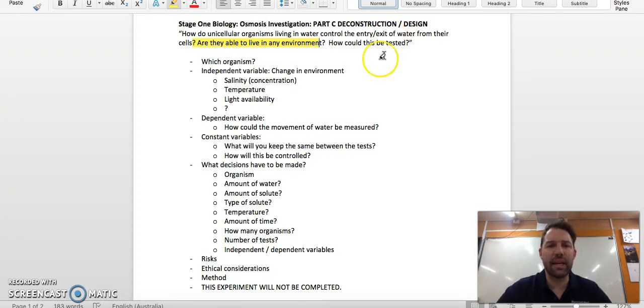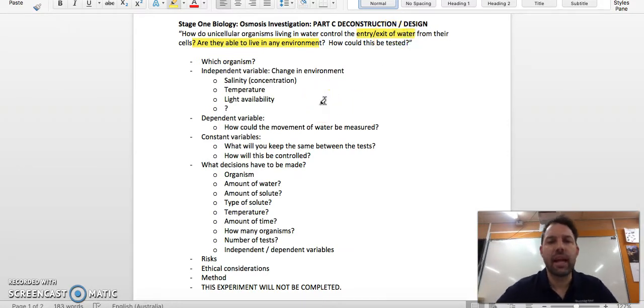So that leads me to my next point. What could we measure? So we're looking at the entry and exit of water. So how could we measure that?